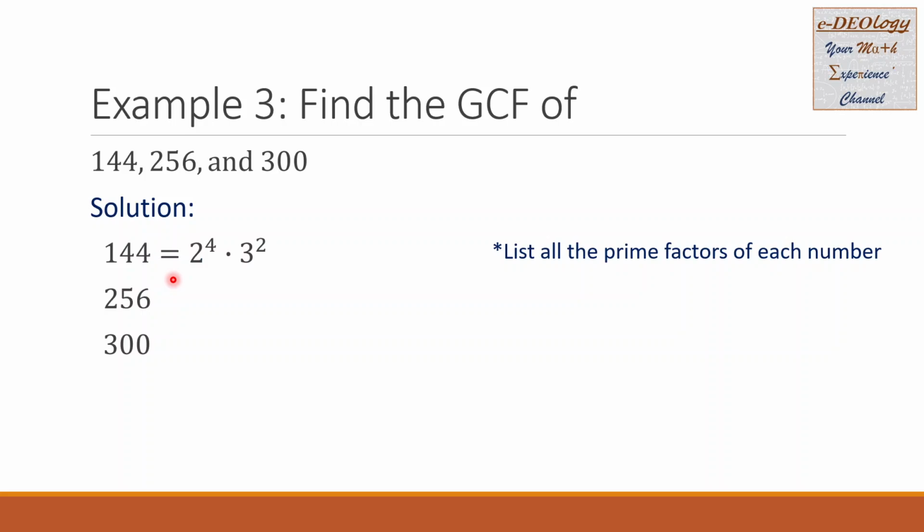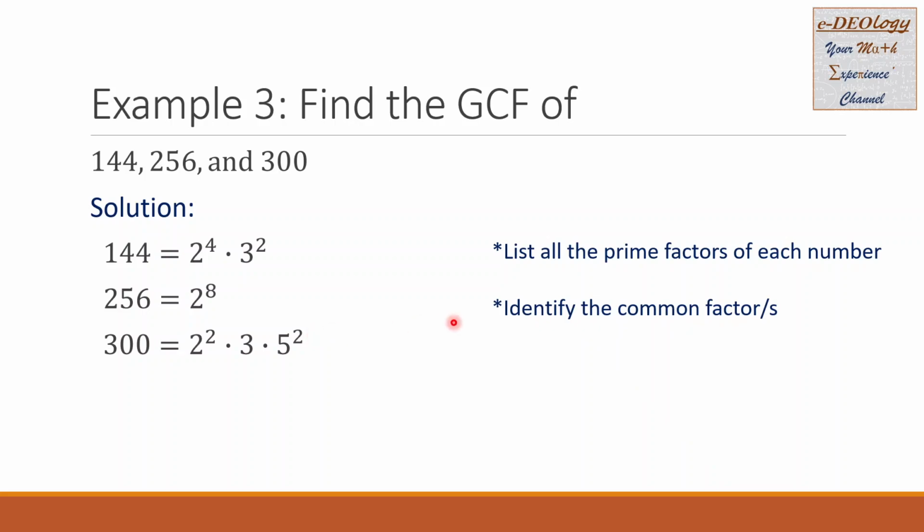The prime factors are 2 with power 4 and the factor 3 with exponent 2. Next number, 256. The prime factor is 2 but with exponent 8. For the 300, the prime factors are 2, 3, and 5. The factor 2 with exponent 2, factor 3 with exponent 1, and factor 5 with exponent 2.